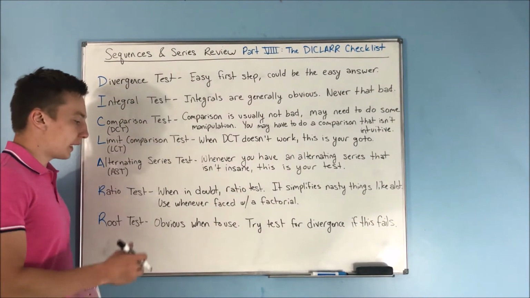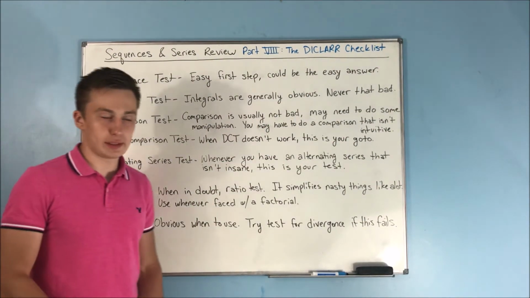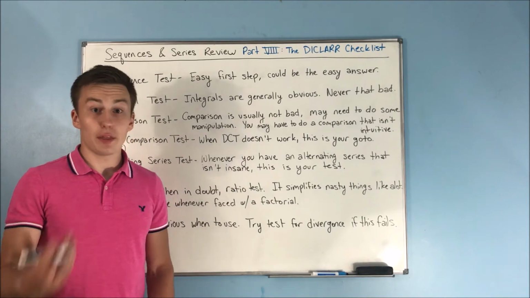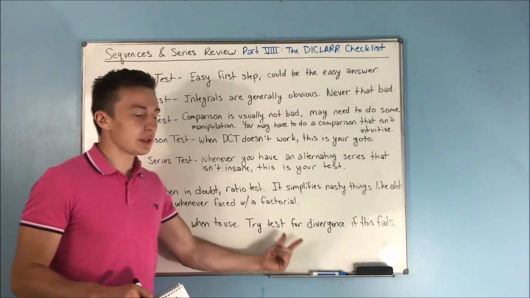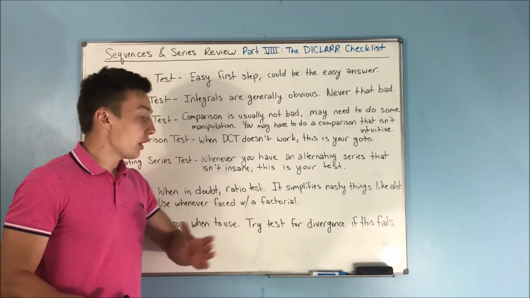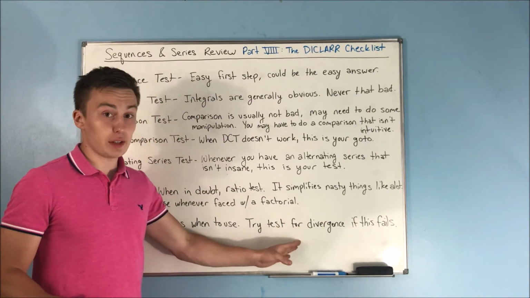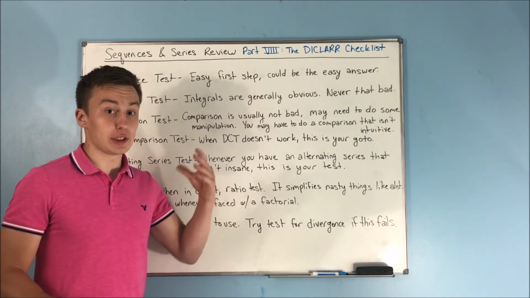Now for the root test, it's pretty obvious when you have to use it. When everything is raised to the nth power, the root test is your guy. Now, this is up to you, okay? You can try the test for divergence first, or you can try it if this fails.